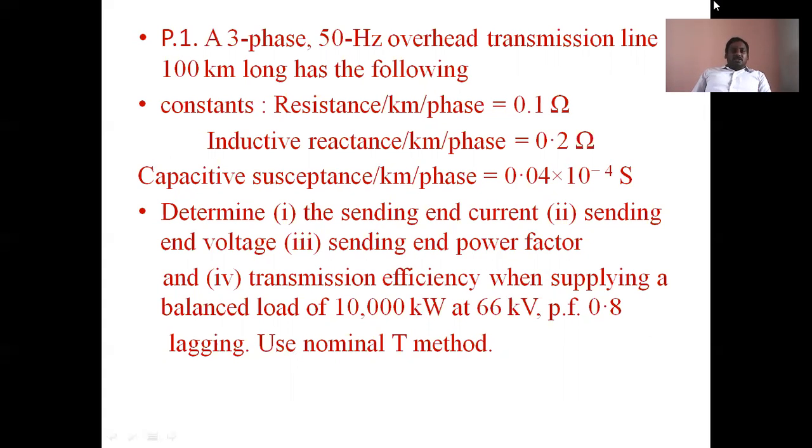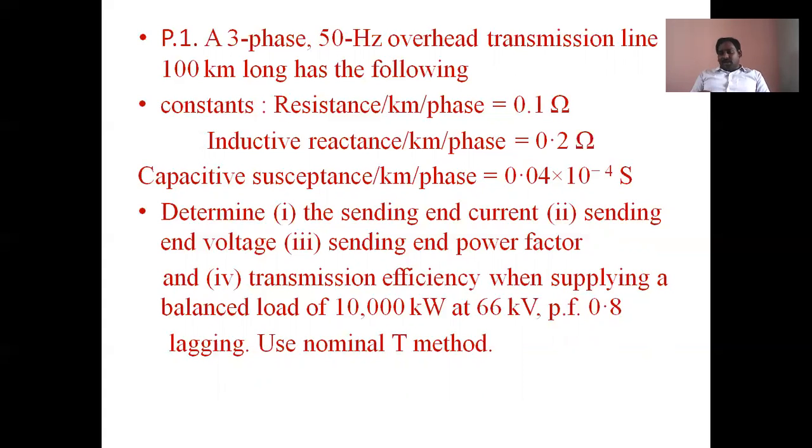See here, a 3-phase 50 Hz overhead transmission line 100 km long has the following constants: resistance per kilometer per phase is 0.1 ohm, inductive reactance per kilometer per phase is 0.2, and capacitive susceptance per kilometer per phase is 0.04 into 10 power minus 4.